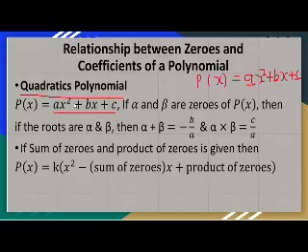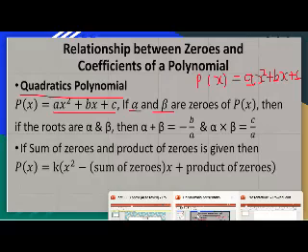Now we are going to see the quadratic polynomial. What is the relationship and how can I frame a quadratic polynomial if the sum of the roots or product of the roots are given? Here we consider alpha and beta as the zeros of the polynomial. If they are zeros, obviously alpha and beta are the roots or factors of the polynomial.